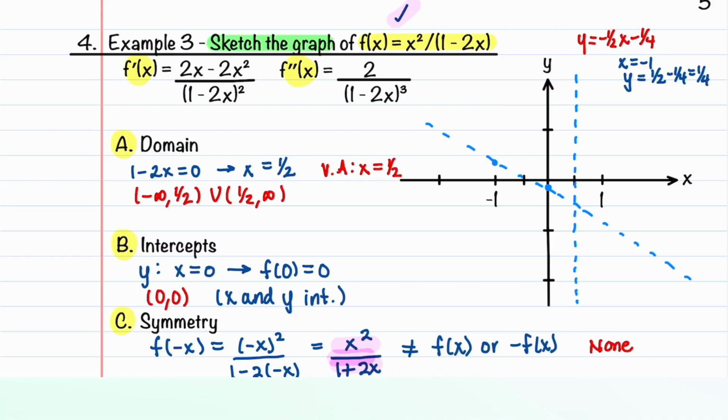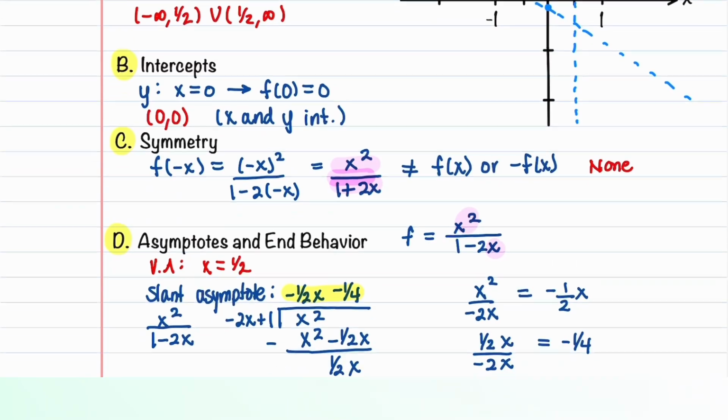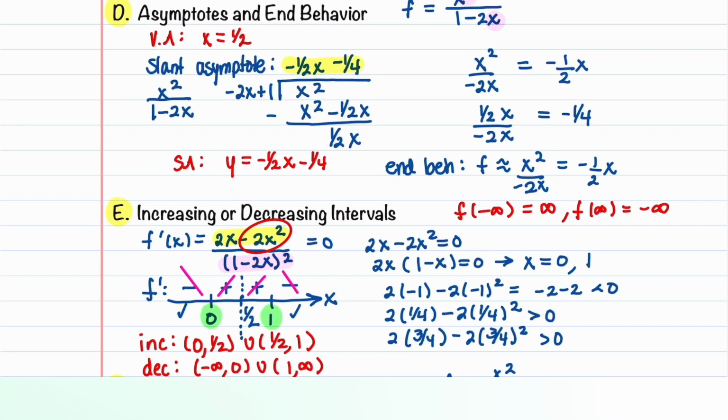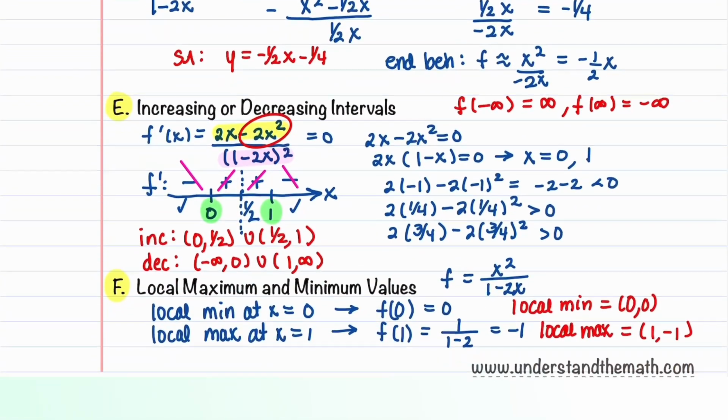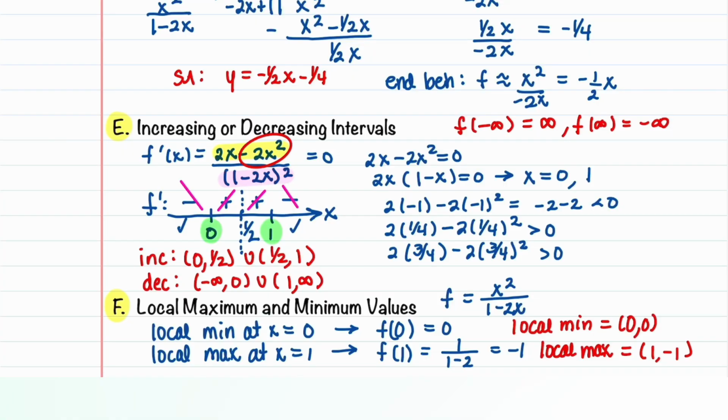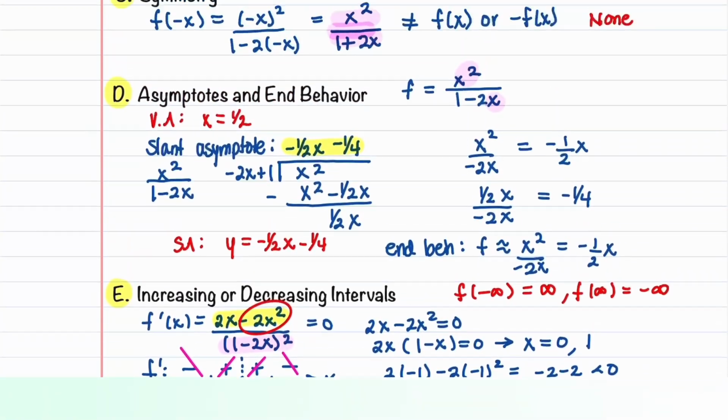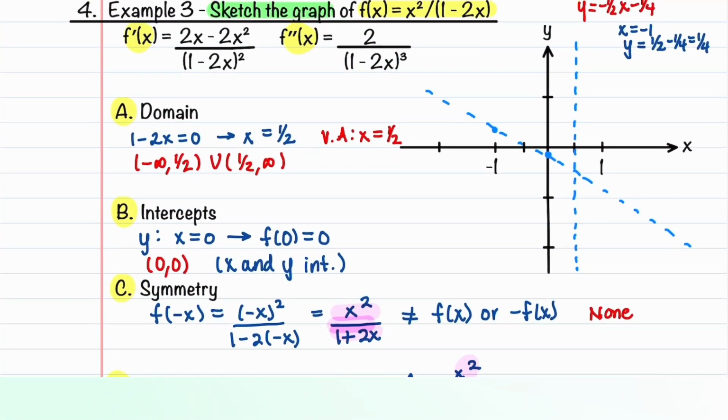Try to be as neat as we can. Now let's see what else we can put on here. Going down, we have a local min at (0, 0) and a local max at (1, -1). So here is our min, and then our max is going to be right here.